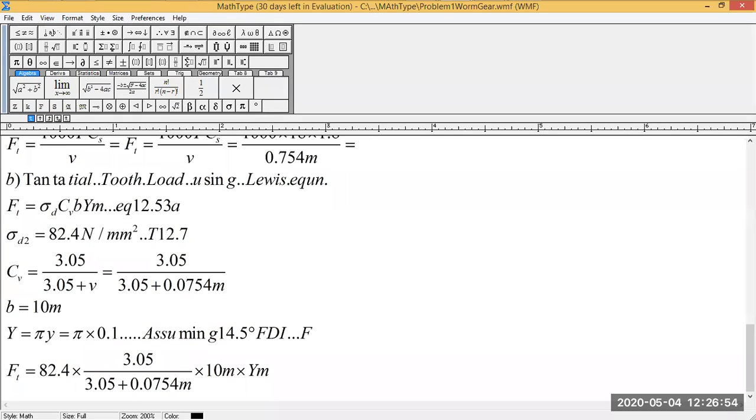Then from table 12.28c, you get the y value from there. Okay. So that means this is equal to 5 into 0.1. This is 0.3142.